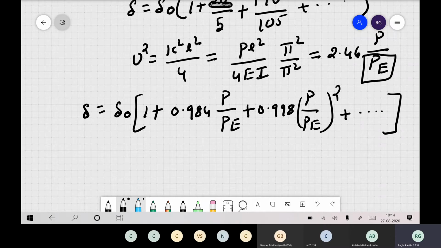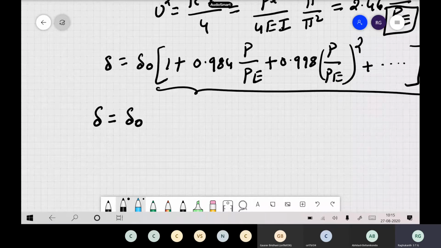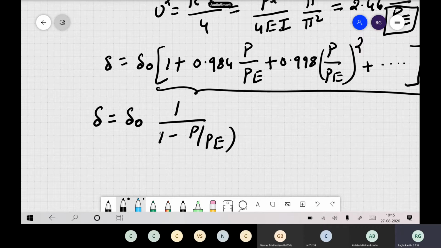So we have eliminated u, and we are writing in terms of the axial load P, non-dimensionalized with respect to Euler's buckling load, pi square EI by L square. Once again, this is a power series expansion, so this entire term can be replaced by 1 by 1 minus P by PE.